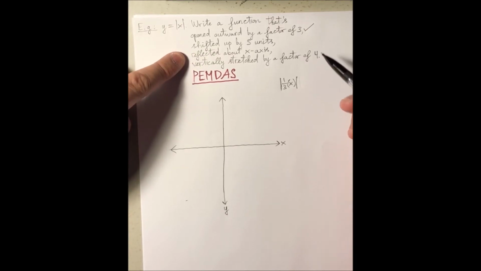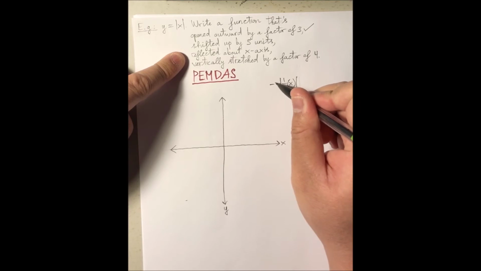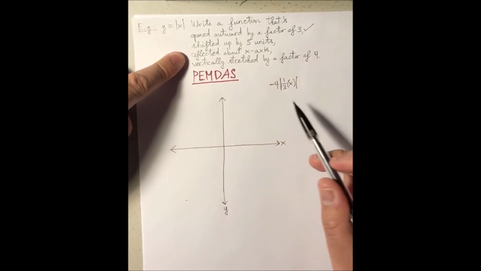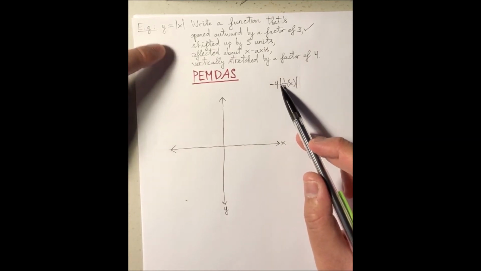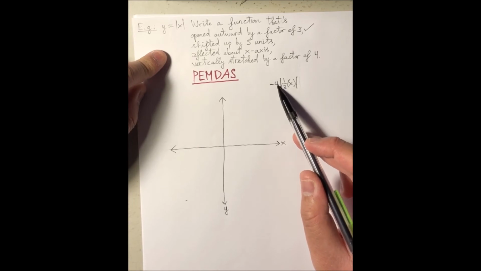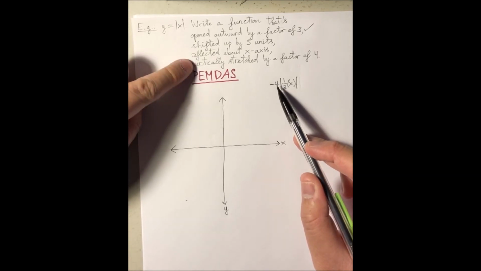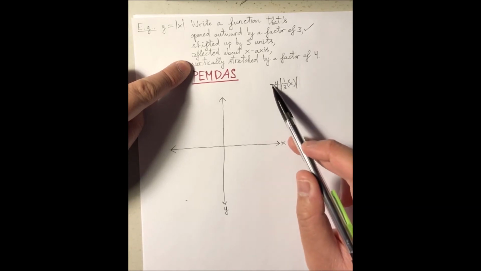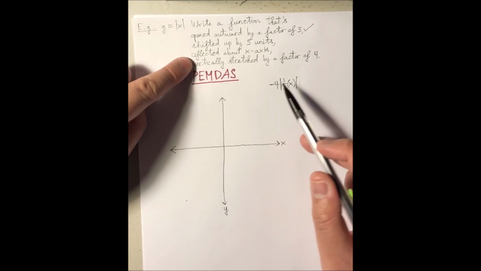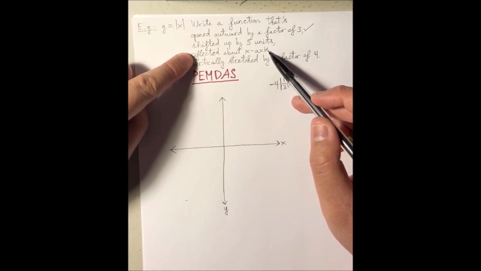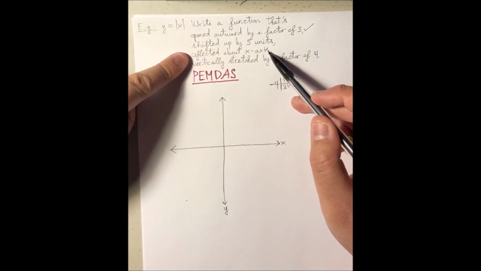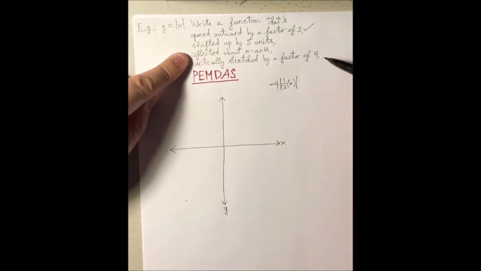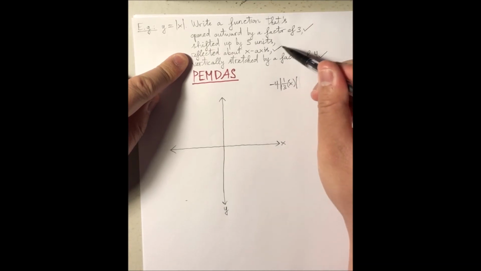So we basically have to multiply by negative 4 on the front. And the reason why we have to do that is because we multiply by 4 to stretch the function vertically by a factor of 4, and we also have to multiply by the negative sign because we are also reflecting the function about the x-axis. So these two transformations are now done.